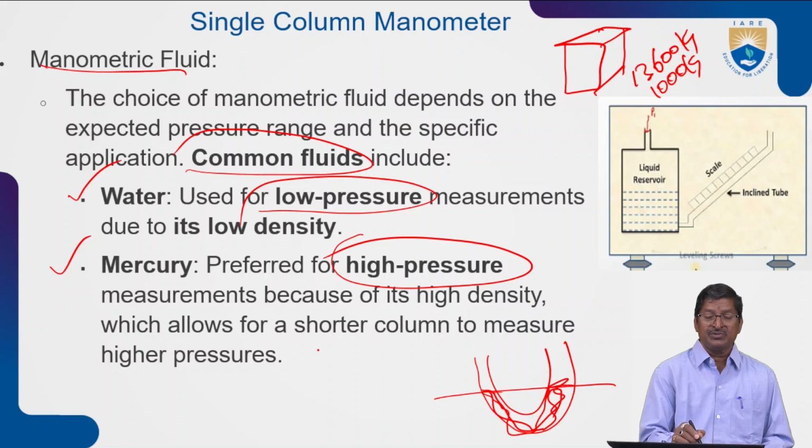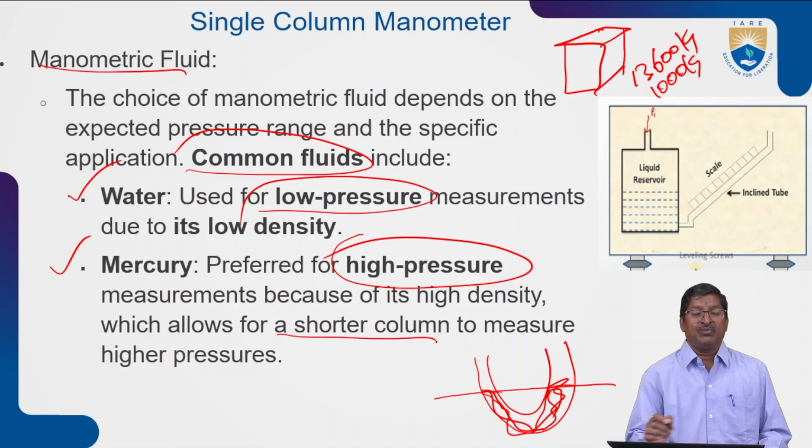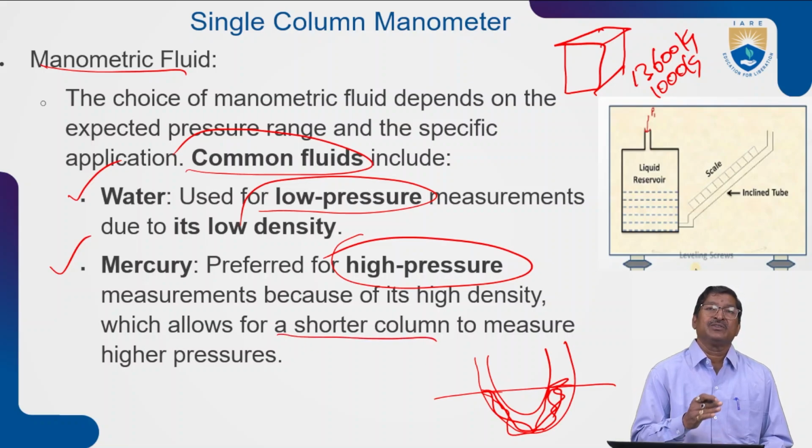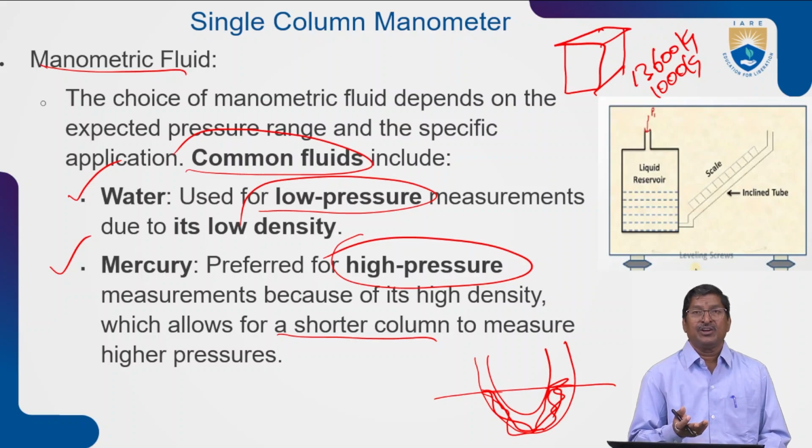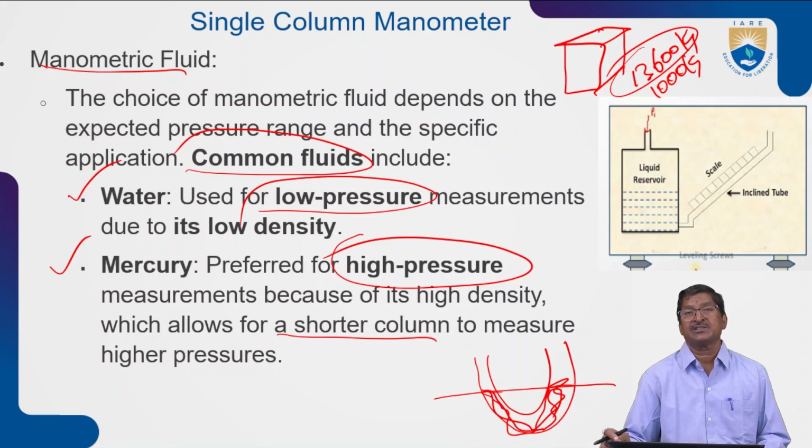So why it is used? Because of water's low density, even a low pressure makes it go up. But whereas the mercury is having more density and more weight, 13,600 kgs in 1 cubic meter. That means 13.6 tons, just 1 cubic meter.